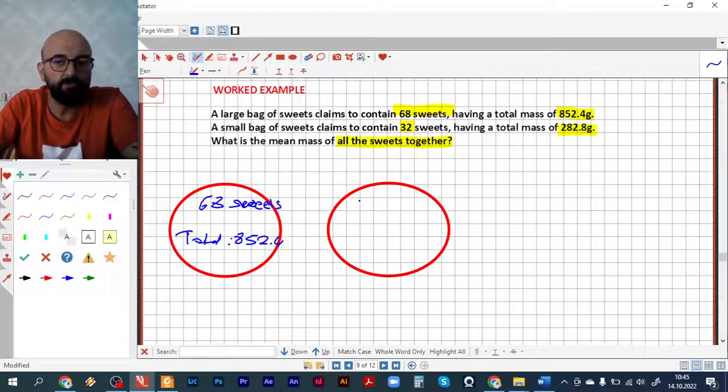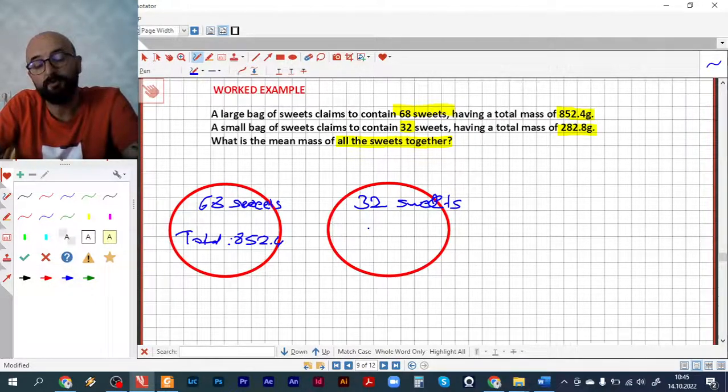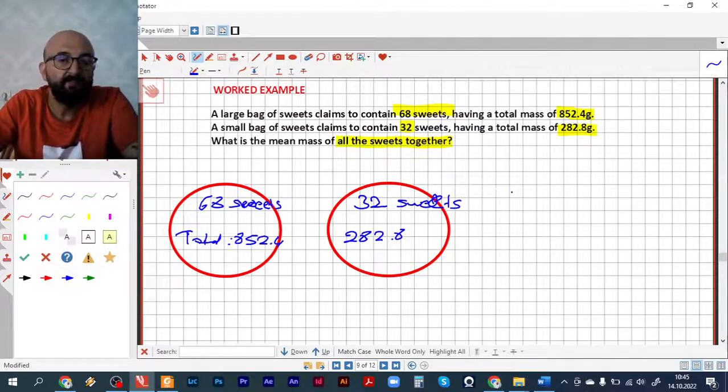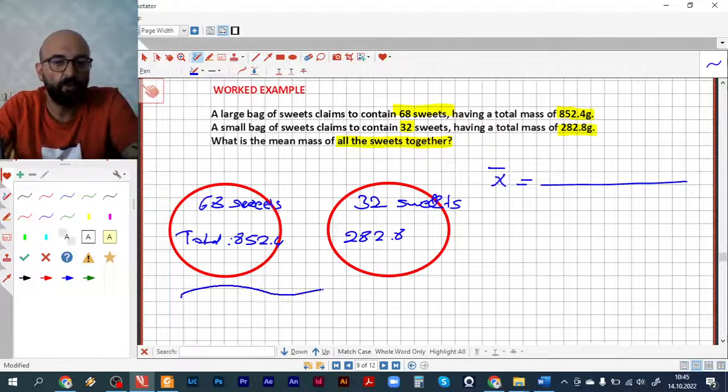The second group, we have 32 sweets, and the second group's total mass is 282.8. And if we want the mean of all the sweets, we should firstly find the total mass.